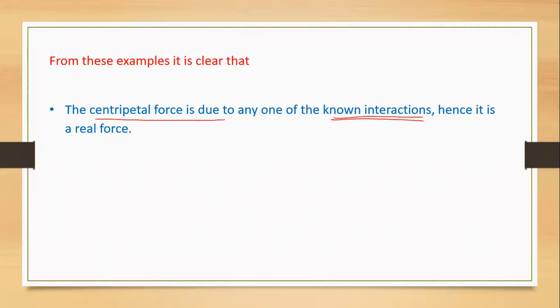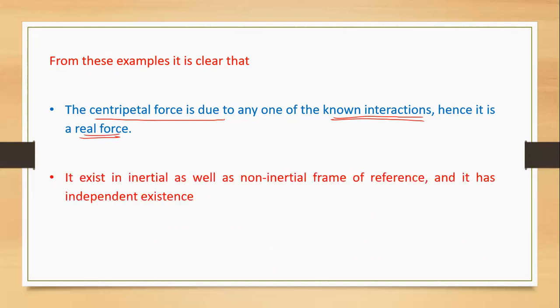The force which arises due to known interaction is a real force, and centripetal force is because of known interaction, so it is a real force. So it exists in inertial as well as non-inertial frame of reference. It is coming in both frames of reference.